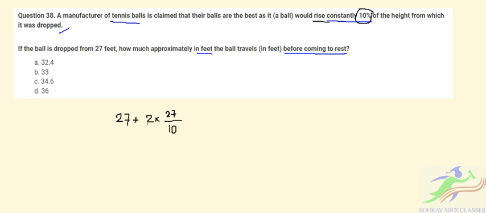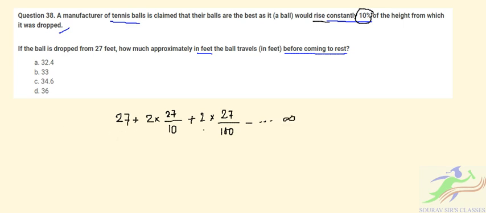Why is this 2? Because it moves down and again goes upward, right? So the first rise is 10%, then plus the next one. It will go like this to infinity.